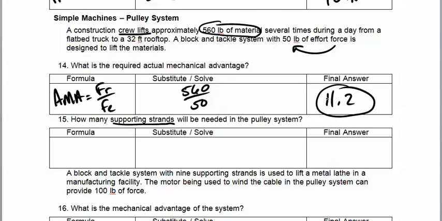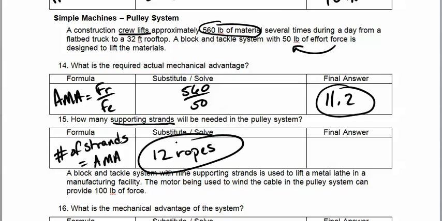So for us to be able to actually lift this, the number of ropes, or strands, equals the AMA. Well, basically, it's going to take 12 ropes. 11 support strands wouldn't be enough because it's 11.2. So we're going to have an additional support rope here. So it'd take 12 ropes to be able to get this done.